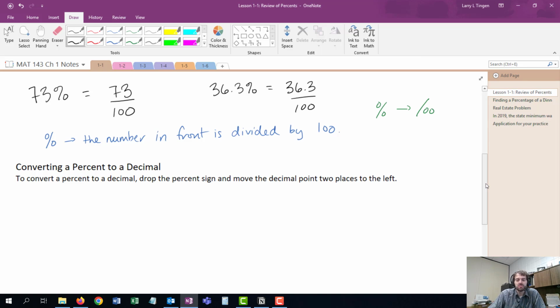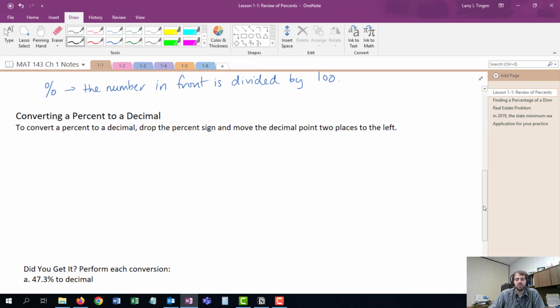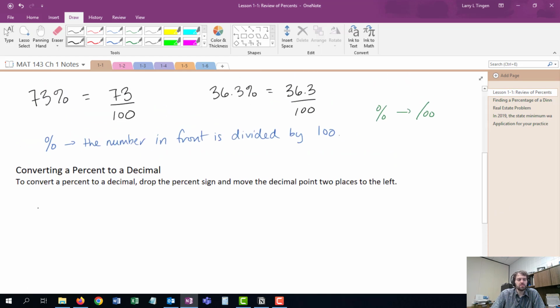How about percent to decimal? Let's stick with the same numbers we've been dealing with, 73%. It says drop the sign. Okay, I did that before. And then move the decimal point 2 places to the left. Where is the decimal in this number? Well, the decimal is like a speed limit sign.